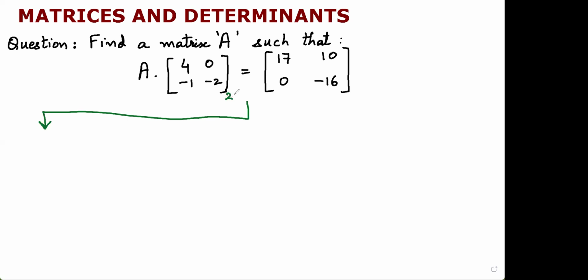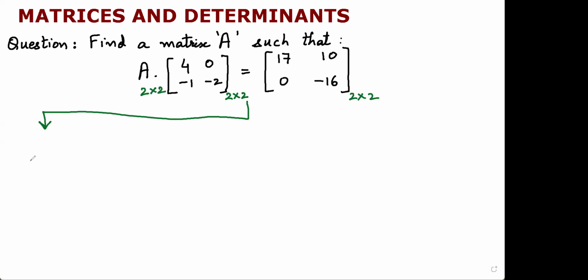So this is a 2 by 2 matrix, and the resultant is also a 2 by 2 matrix. So it means that the number of rows of the matrix A must be 2. And the number of columns of matrix A also must be equal to the number of rows of the second matrix, which is 2.